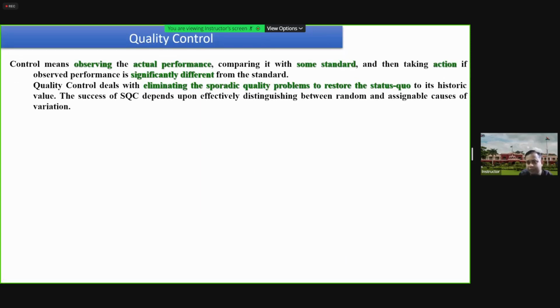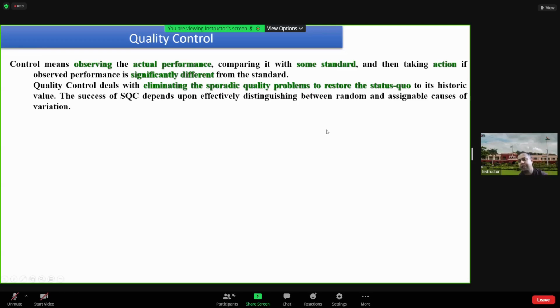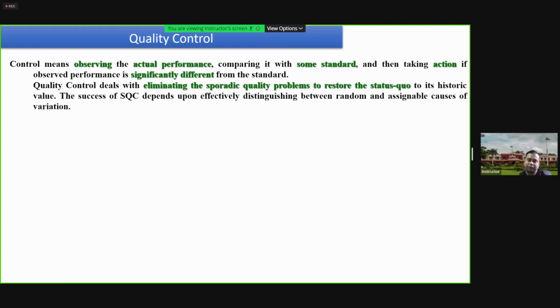There are certain steps that need to be followed in the quality control process also. Like the previous one in the planning phase, here also, if we want to control something, we need to identify what we have to control. So the first step is to choose the control subject or the issue. That can be related to the product characteristics that are critical. As we discussed in the previous class, CTQs, critical to quality characteristics, need to be identified.